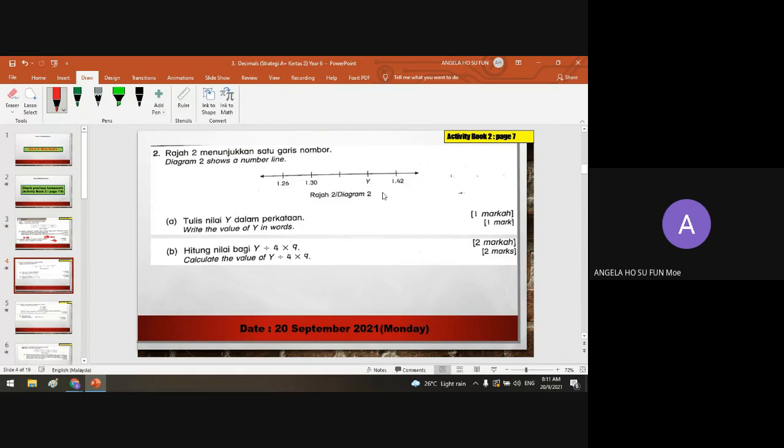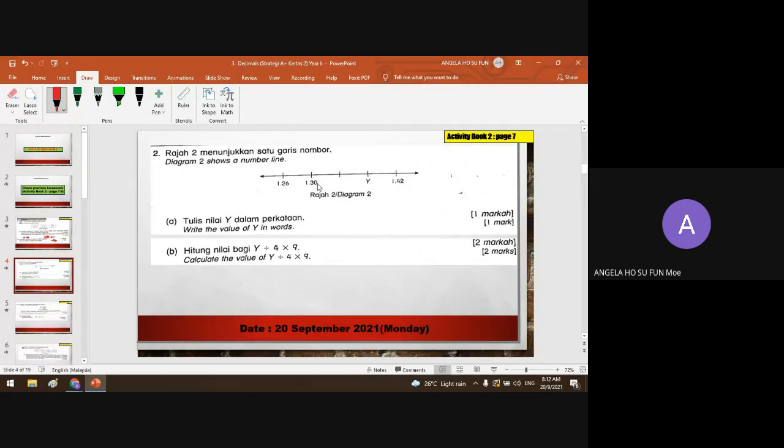This is a number line. Look at this number line here. They ask you A, write the value Y in words. Now, before you write in words, you need to know what is actually the value for Y here. Starting from here, 1.26, 1.30.